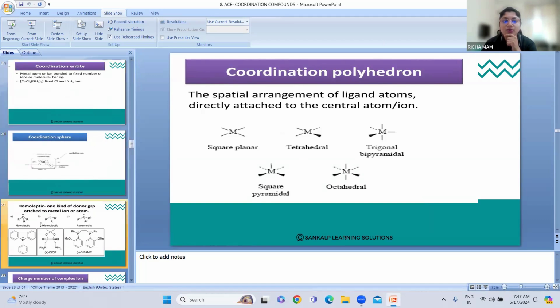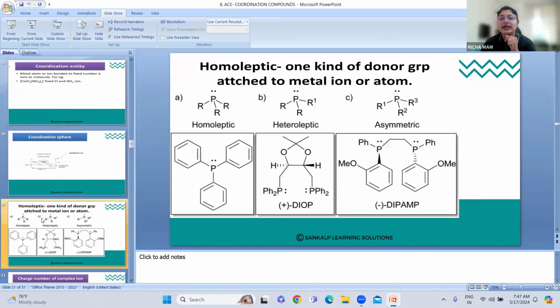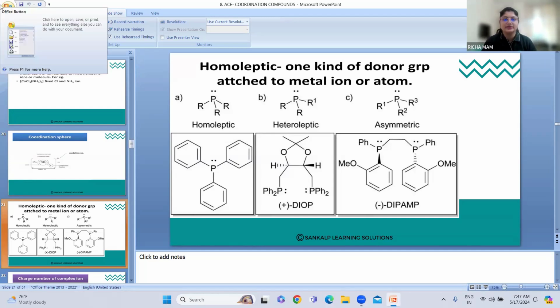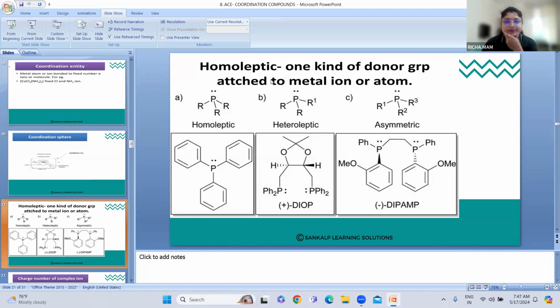Then we have also discussed what is homoleptic and heteroleptic. So what is homoleptic? When you have only one type of ligand attached to the central metal ion, they are called homoleptic.